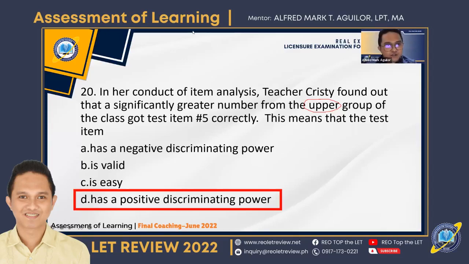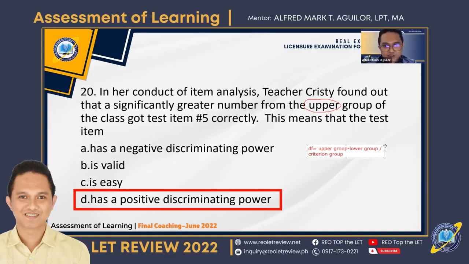Okay? So, what's the reason for that? Because in computing the discrimination index, we have to subtract the upper group minus the lower group. Okay? Divided by the number of takers or criterion group. Okay?